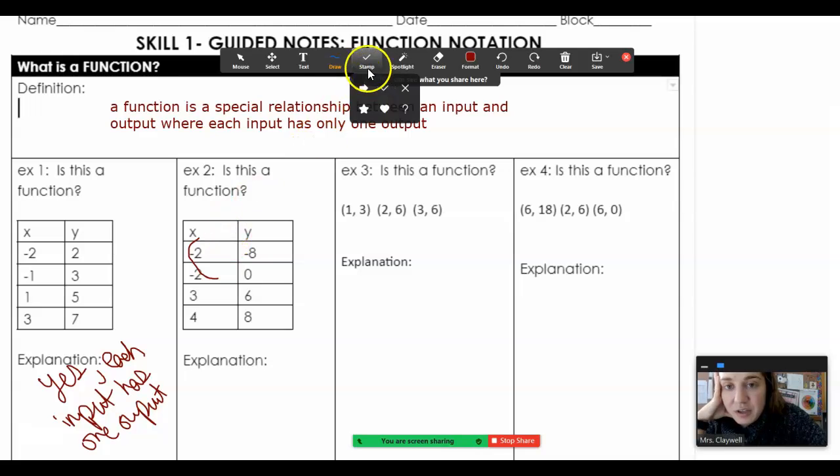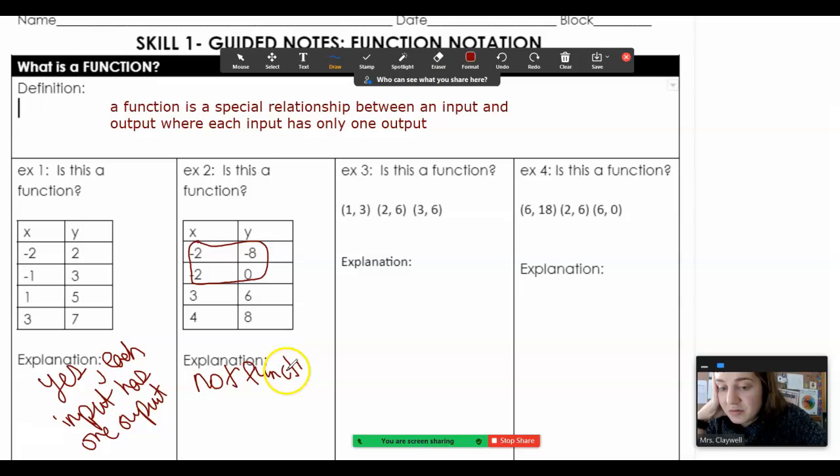Uh-oh, if I look over here at this one, this is not a function, because -2 has two outputs.